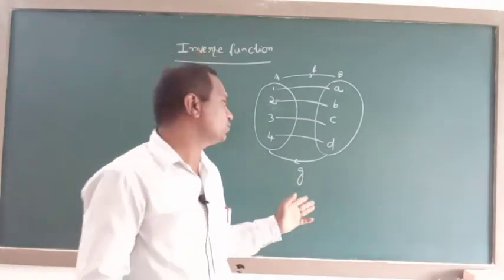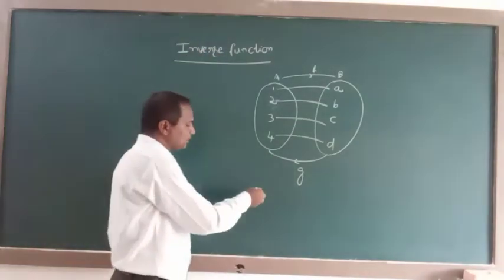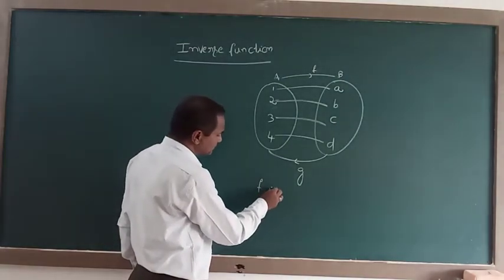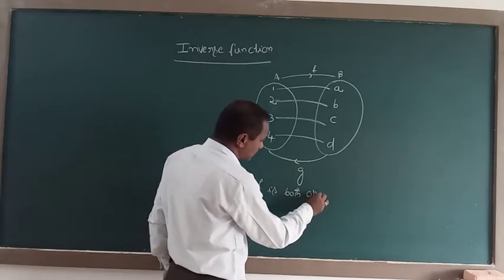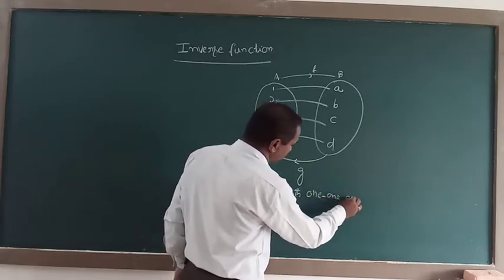See, diagrammatically I am showing here f is both one-one and onto.